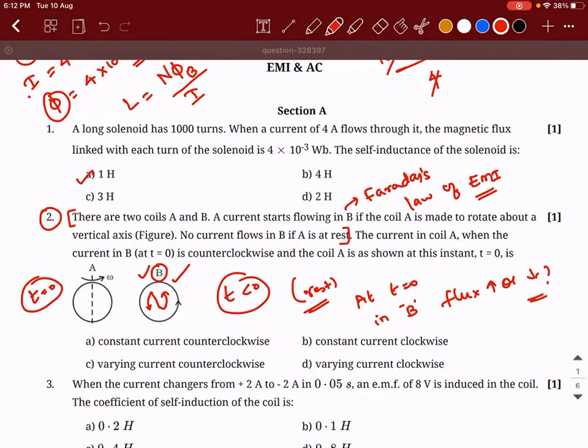Yes, it is increasing. Means what should have happened? It is increasing means what should have happened? This should act like North Pole. Right? Yes. So when this is going to act like North Pole, they're asking what is going to be the current in this coil at that instant.